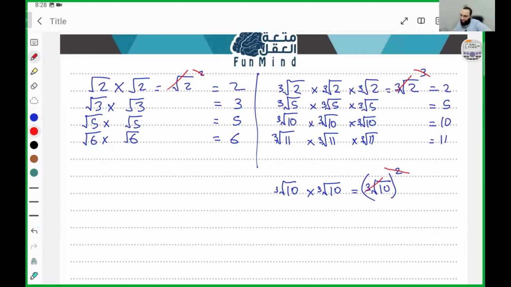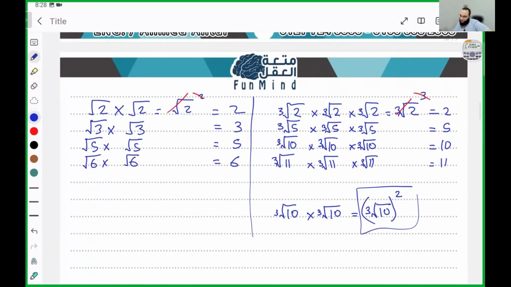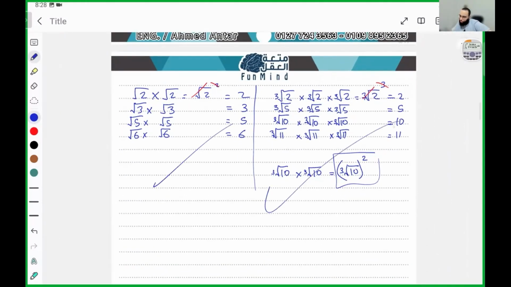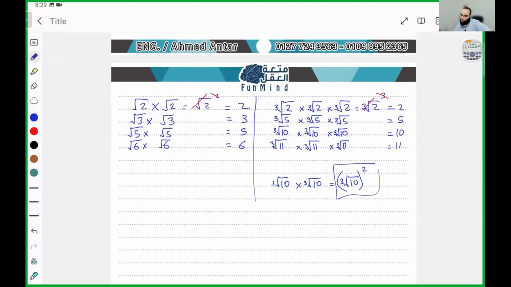The answer stays the same, cubic root 10 power of 2, without any change. Okay? This may help you in solving the question quickly. It's root 2 times root 2, yes, it's 2 in one shot, one step.